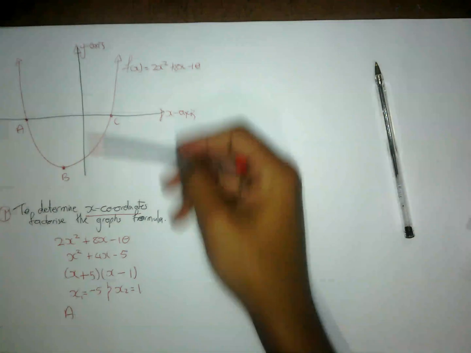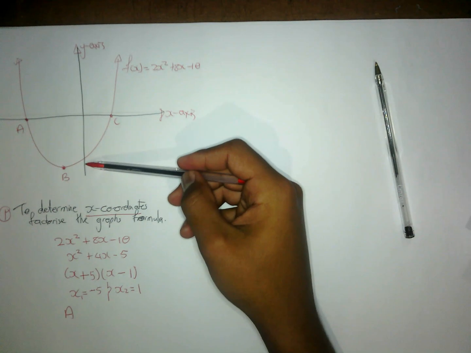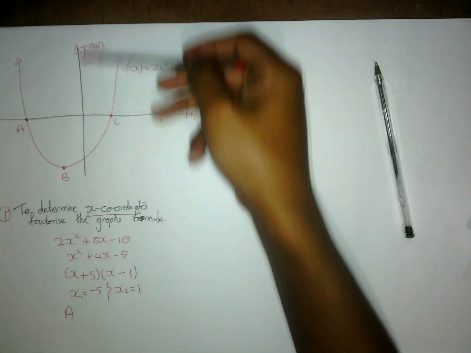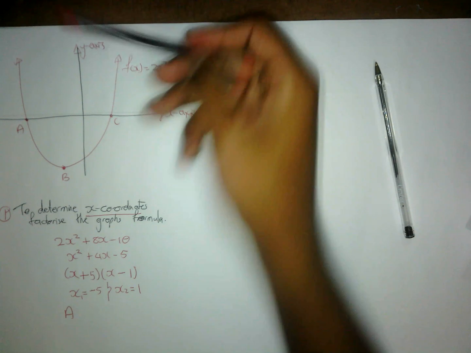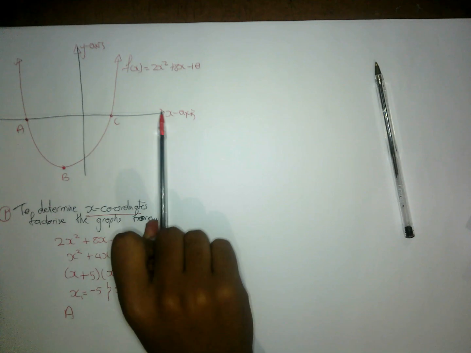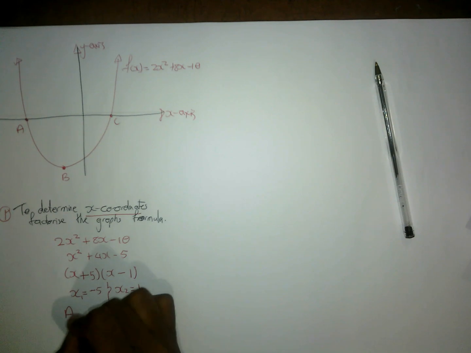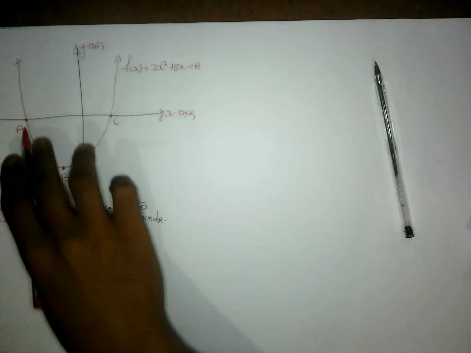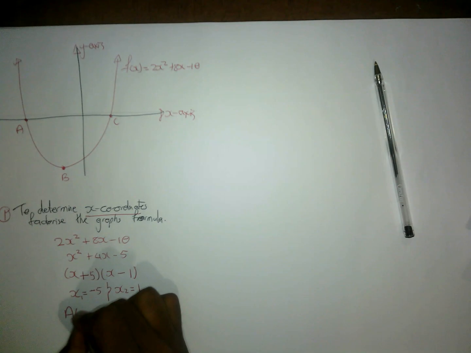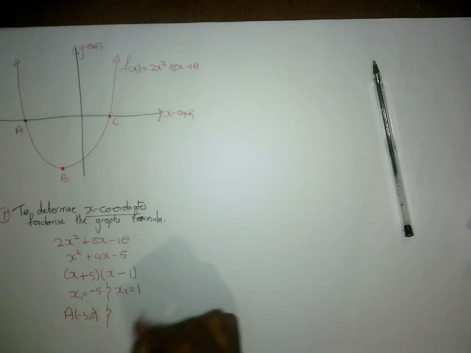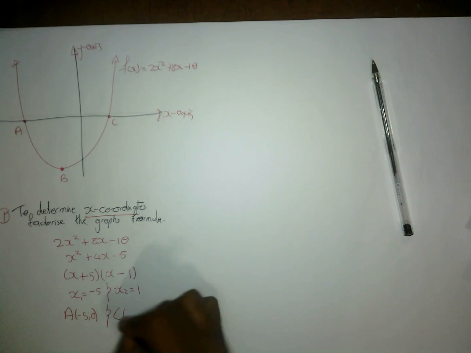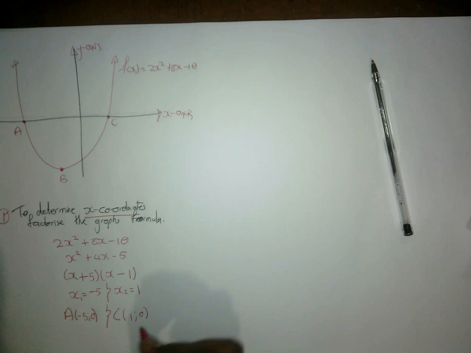Anything below the x-axis is also negative. Anything above the x-axis is positive. Anything to the right of the y-axis is positive. That is why we know that our A coordinate is going to be negative 5 and 0. And for our C coordinate, it's going to be 1 and 0.